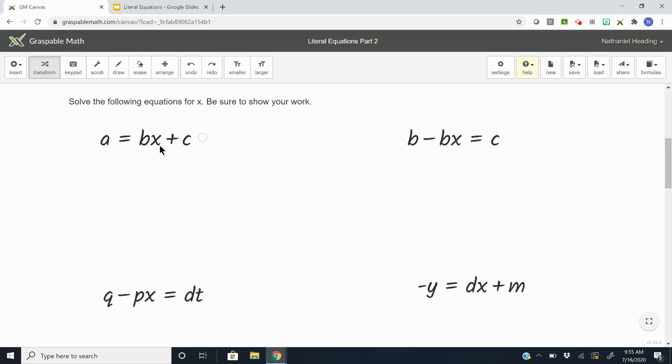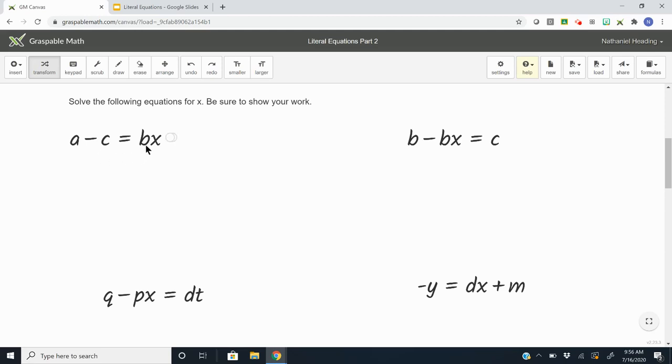So if I want to isolate the B or the X, I want to first get rid of this plus C. So if this were a plus 2, how would I get rid of a plus 2? Well, I would subtract it. So I'm going to grab this C, and I'm going to bring it over, and it becomes A minus C. And when I try to combine like terms, notice these won't combine because one's an A, one's a C. They're not like terms.